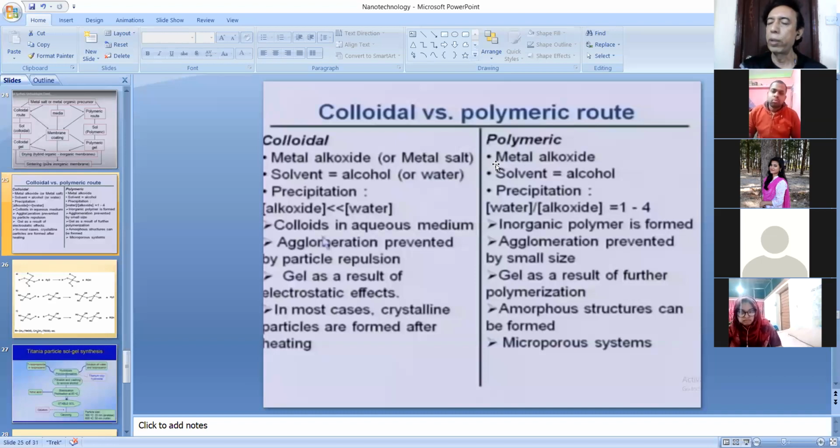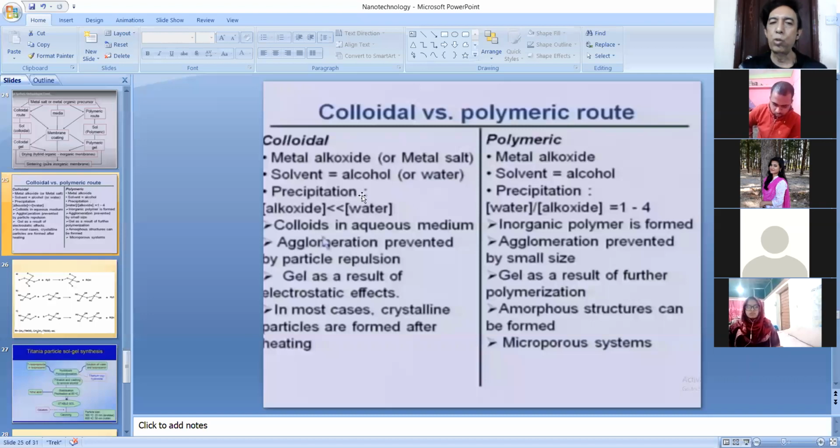If you use metal chloride, it will not polymerize. Second thing, in the colloidal route, you can use an alcoholic solvent or water. But in the polymeric route, you have to use only alcohol solvent. Water solvent will not polymerize.